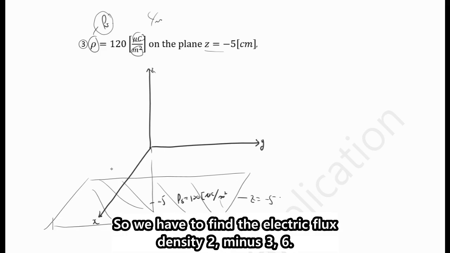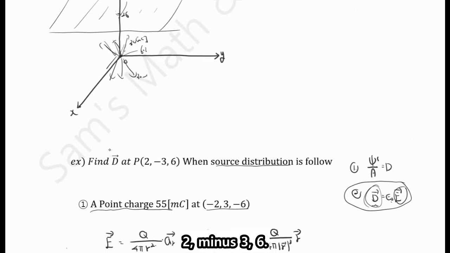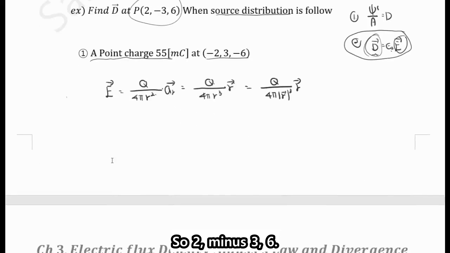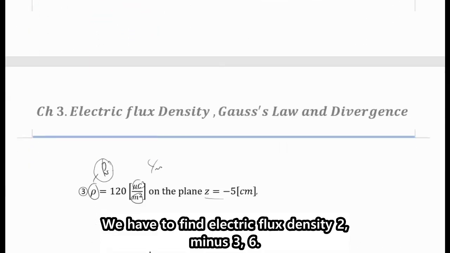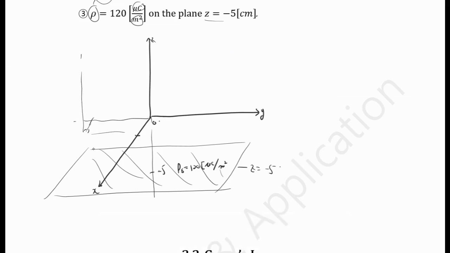We have to find the electric flux density at the point P, 2, minus 3, 6.